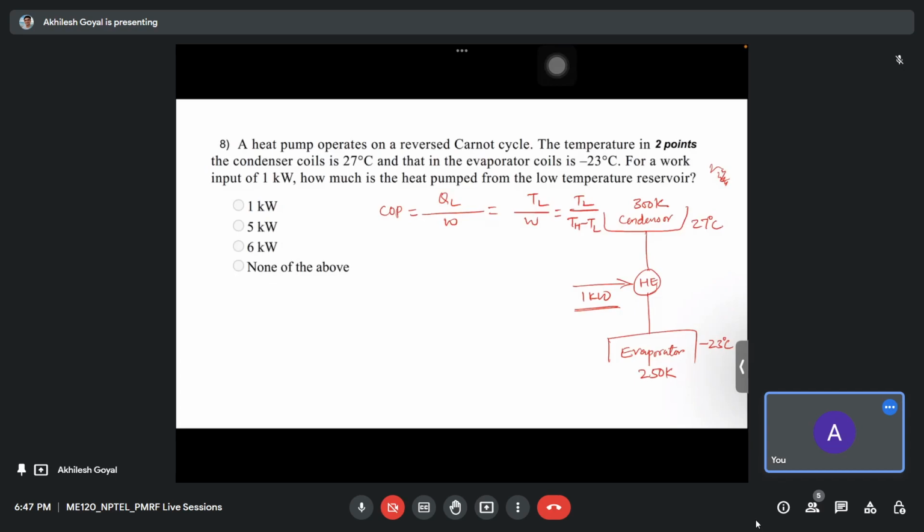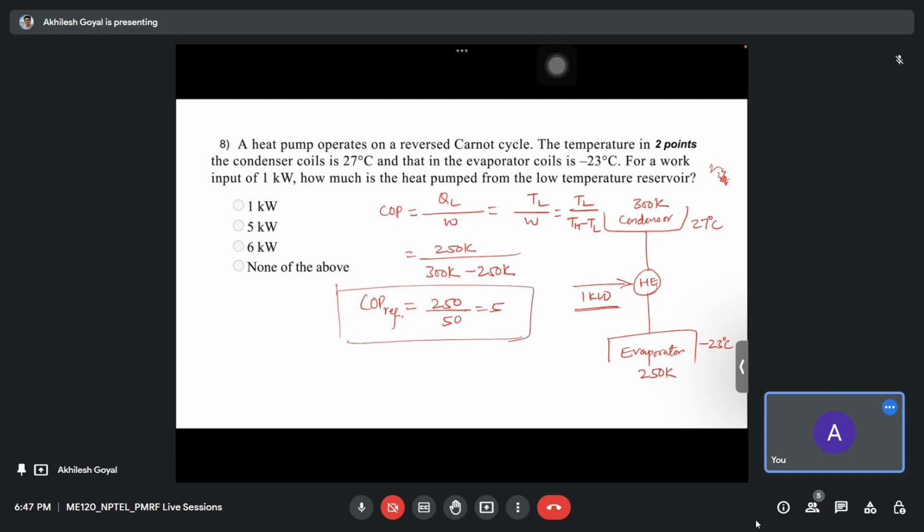So the COP can be calculated as TL, which is 250 Kelvin, divided by TH, 300 Kelvin, minus 250 Kelvin, that is 250 divided by 50, which comes as 5. So COP of refrigeration comes as 5.